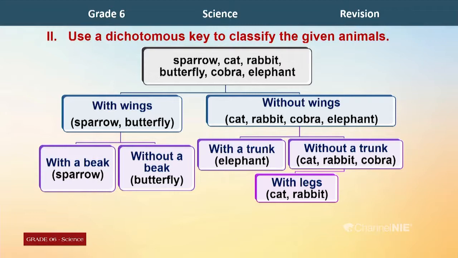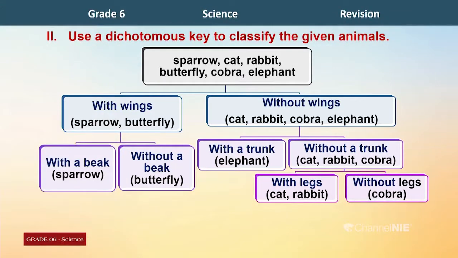With legs and without legs. Without a trunk, the cat, rabbit and cobra, that group of animals also can be divided into two groups according to the presence of legs and the absence of legs. Then with legs there are two animals, the cat and the rabbit.